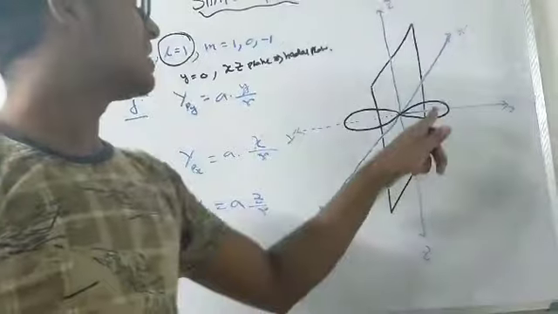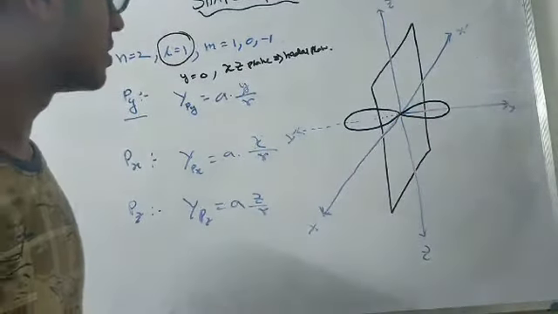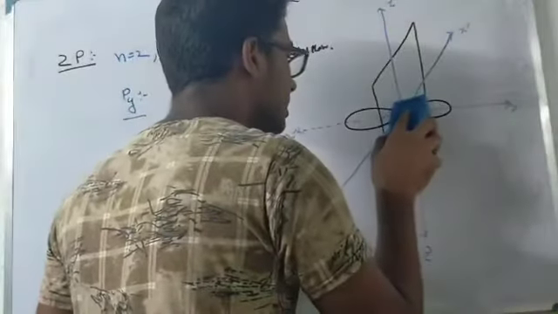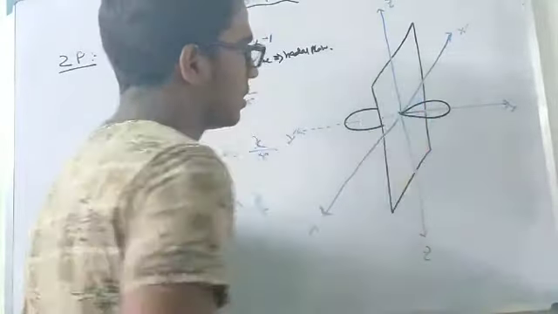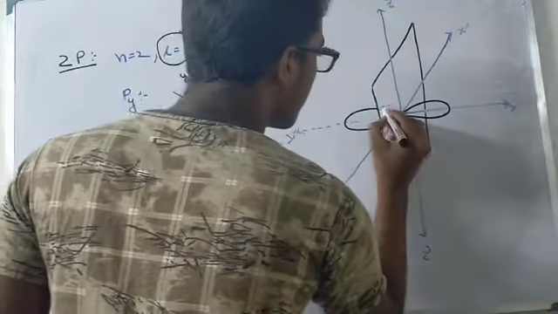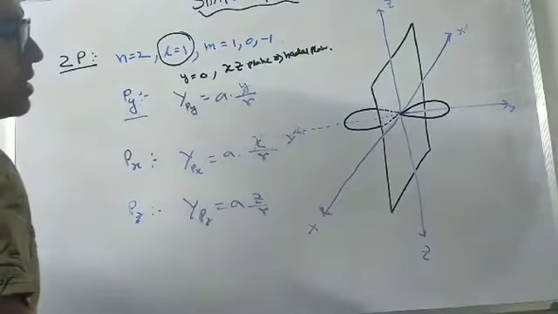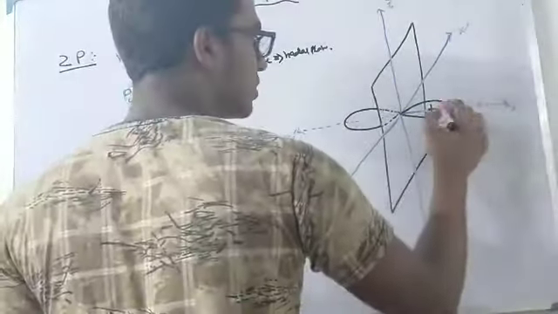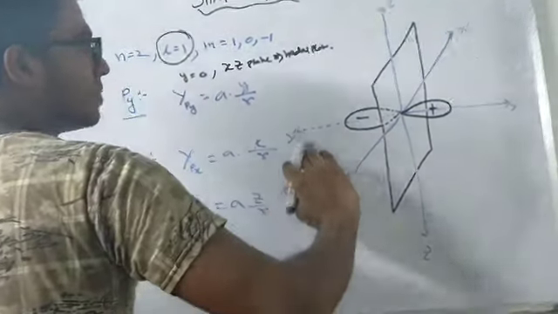If I clear this part, it should be a little more clear. Let's say this is my orbital. The lobe is present along the positive y direction, so this is positive, and it is present in the negative y direction, so this is negative.